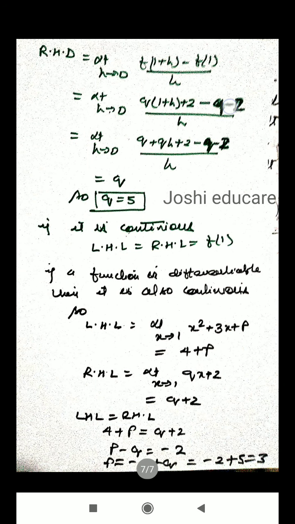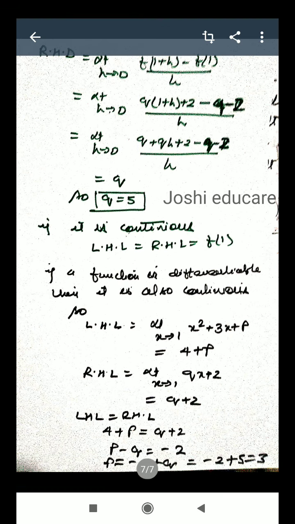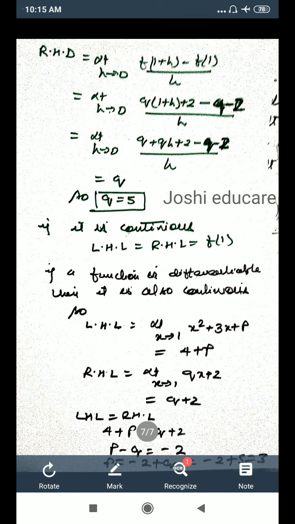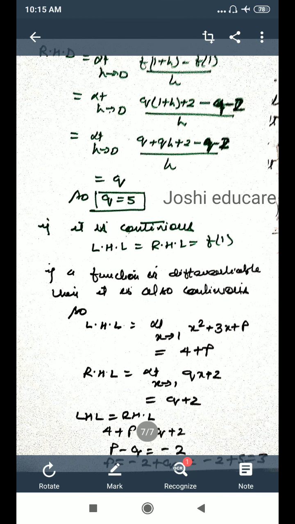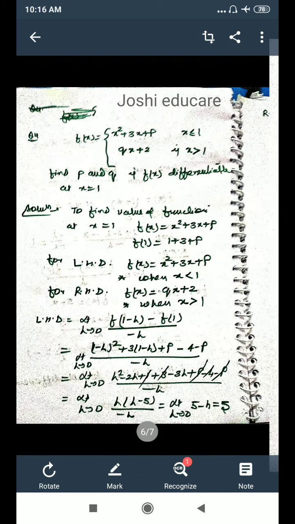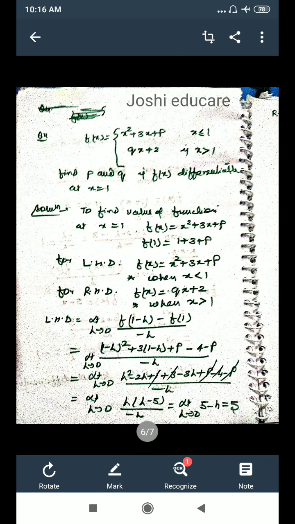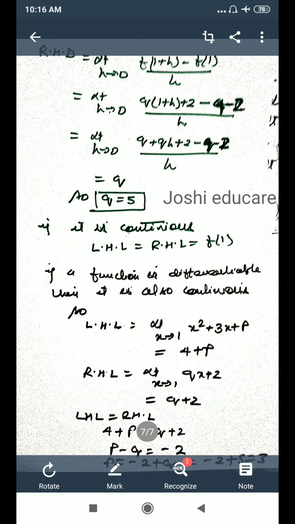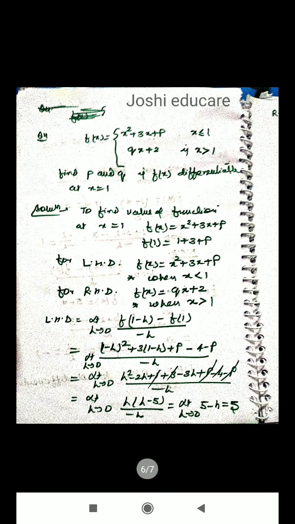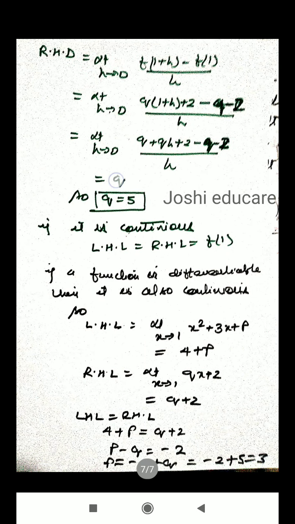So put these values. On opening this bracket, this q plus 2 is cancelled by q minus 2. So it comes out to be q only. So as we know, left hand derivative is equal to right hand derivative. Left hand derivative is 5 and right hand derivative is q. So we can say q equal to 5, that's all.